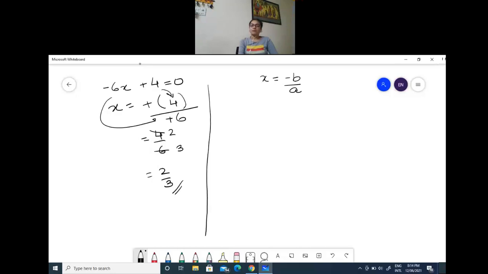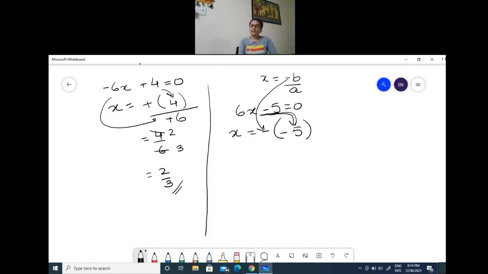I'll give you one more sum. 6x minus 5 equal to 0. So in this case, the value of x would be minus b. Over here, the b is minus 5. Please be careful because students usually make a mistake: they see that a negative sign is already written over here, so they just write down 5.